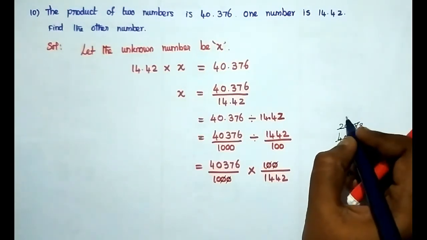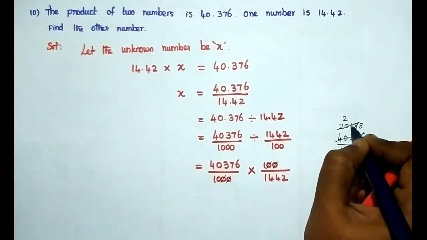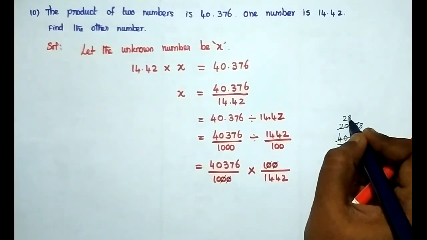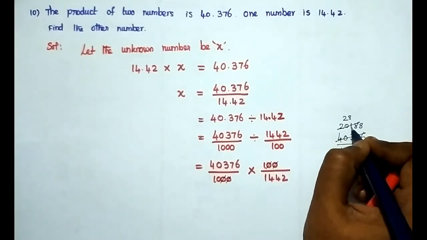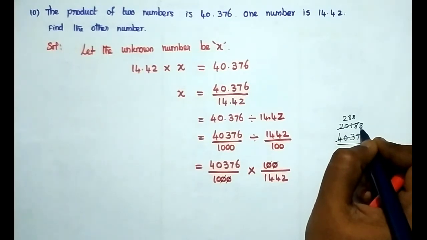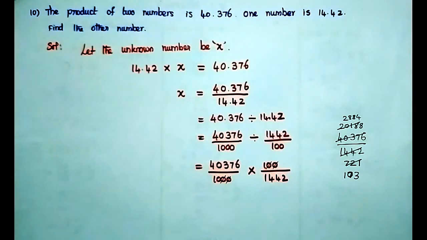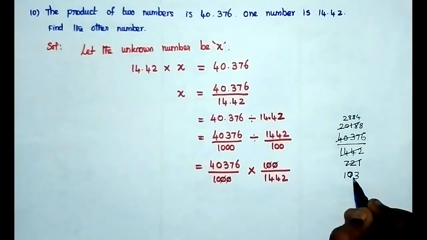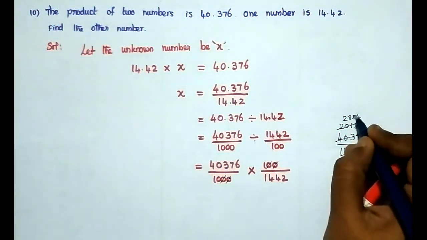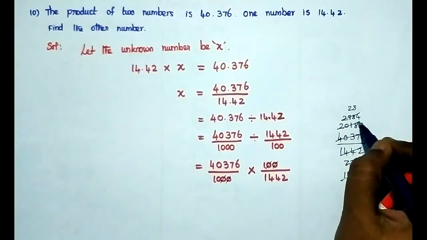Here 2 sevens are 14, balance 6, it becomes 61, 8 sevens are 56, balance 5, it becomes 58, again 8 times, balance 2, it becomes 28, that is 4 times. Now hundred and 3 1s is 3. Here 28 times, 28 103s are 2884.